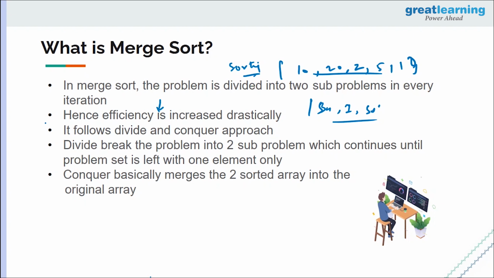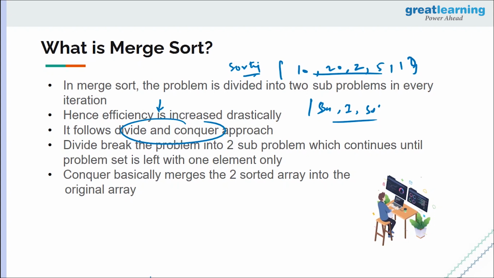Now, it follows a paradigm of divide and conquer. What does this mean? This means that first you keep on dividing your sub problems, and then you conquer those problems, and then you combine those things. When you have your problem set and those problem sets are conquered, that means those sub problems are sorted in this case, and then you combine them.